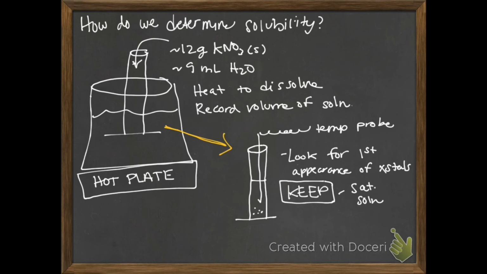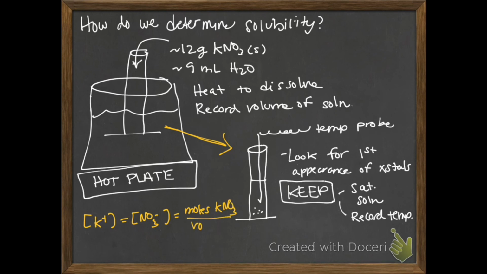This means we have a saturated solution at this point, and we're going to get the temperature for our value of this saturated solution. For our Ksp, we need the concentration of potassium and the concentration of nitrate. They equal each other. We get that by taking the moles of potassium nitrate divided by the volume of the solution.